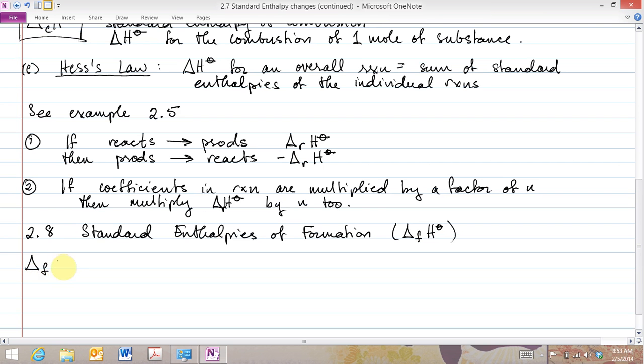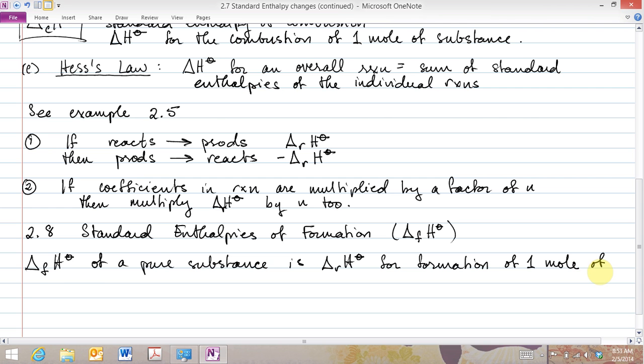The standard enthalpy of formation of a pure substance is defined as the standard enthalpy of reaction for the formation of 1 mole of that pure substance from its elements in their reference states.